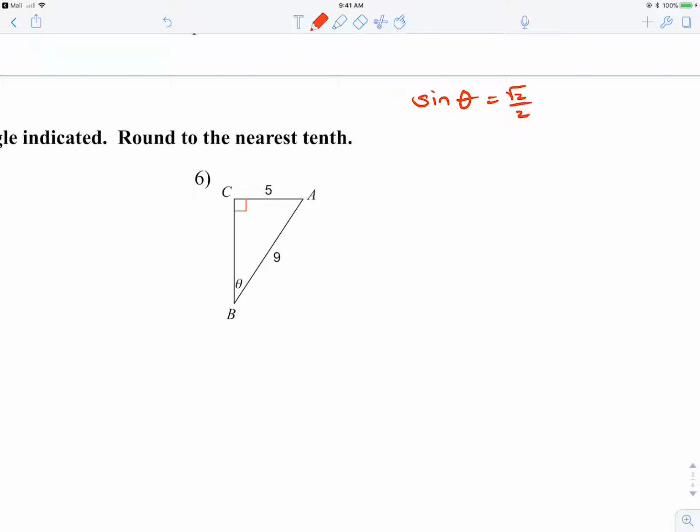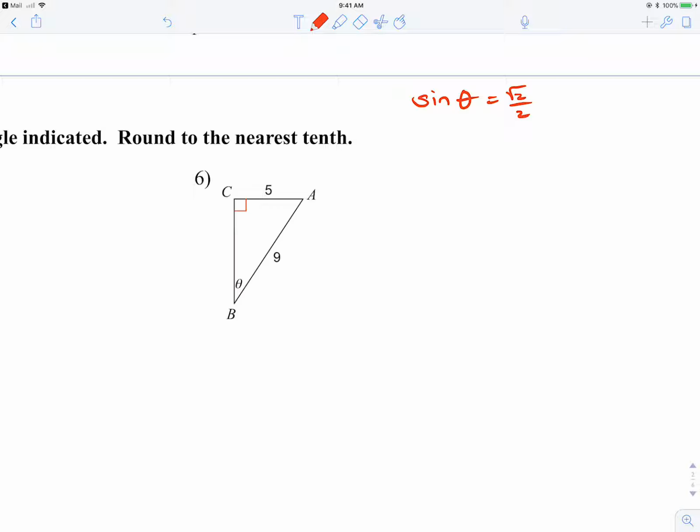Now, because root 2 over 2 is a ratio on the unit circle, you know that theta is equal to 45 degrees, or theta could be equal to 135 degrees, or any coterminal angles to those angles.